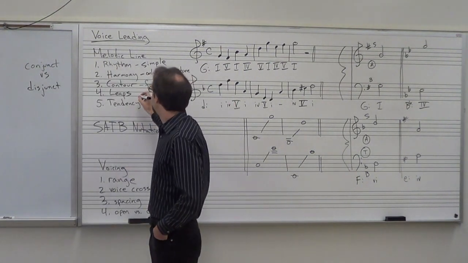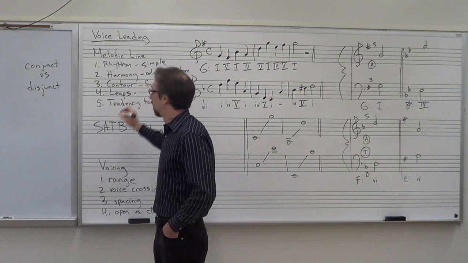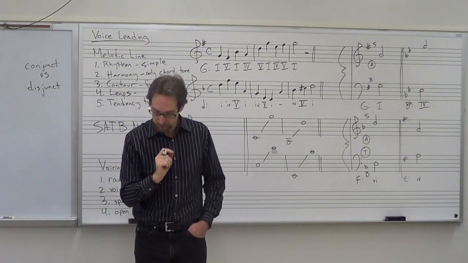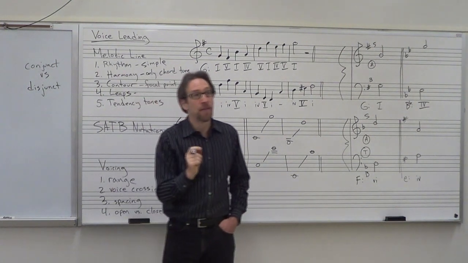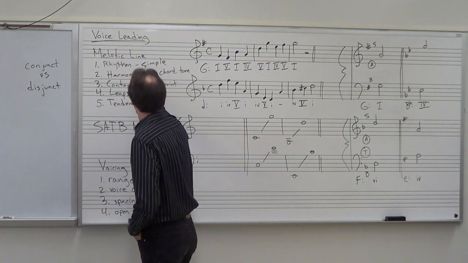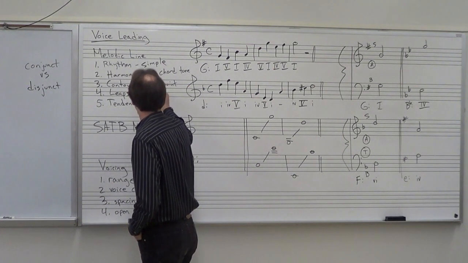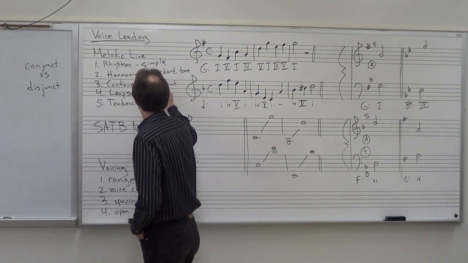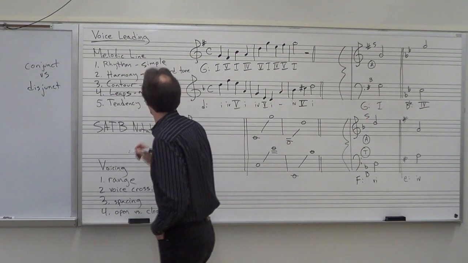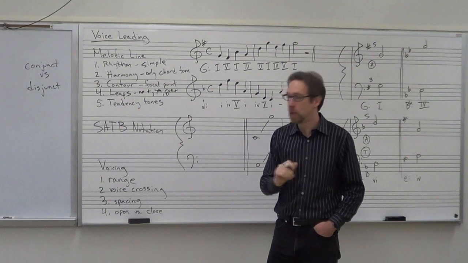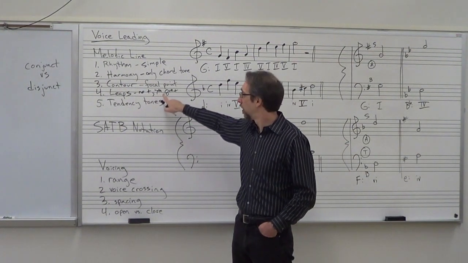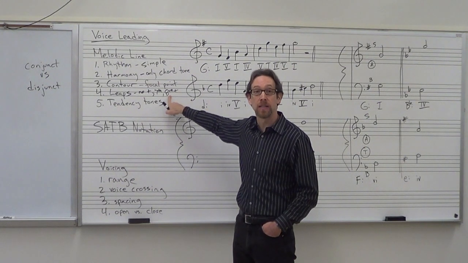So leaps are allowed, but not leaps that are augmented intervals, sevenths, or more than an octave. So no augmented leaps, no leaps of a seventh, no leaps of more than an octave.